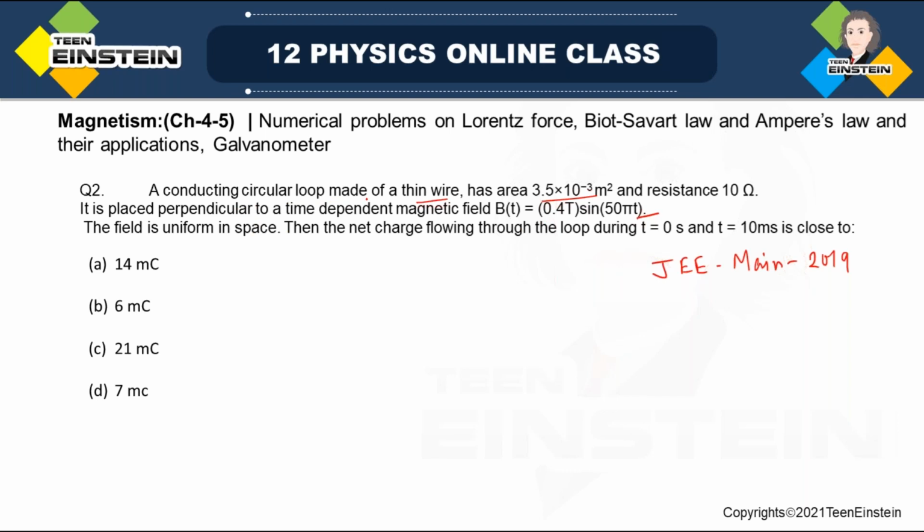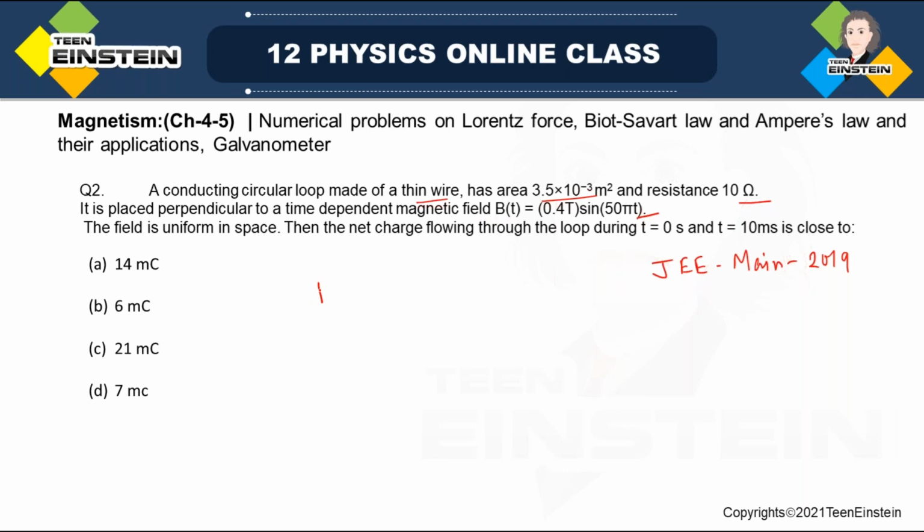So conducting circular loop is made of thin wire. The loop area is this, not the wire's, and resistance is given. It is placed perpendicular to a time-dependent magnetic field.